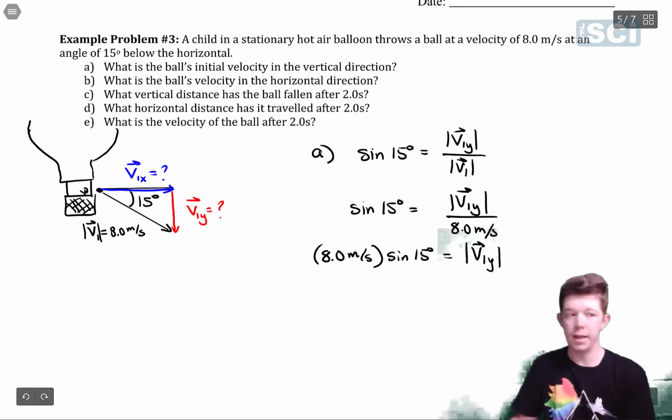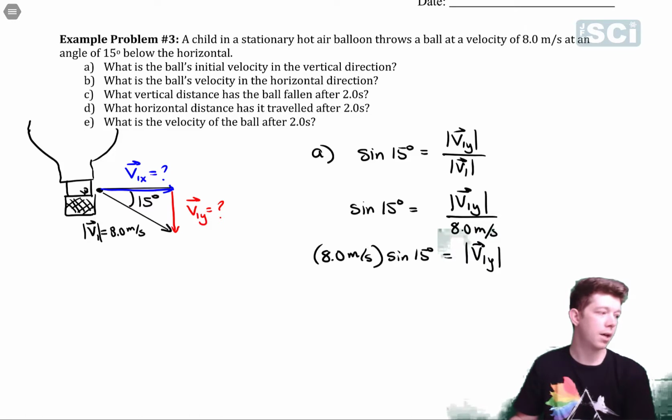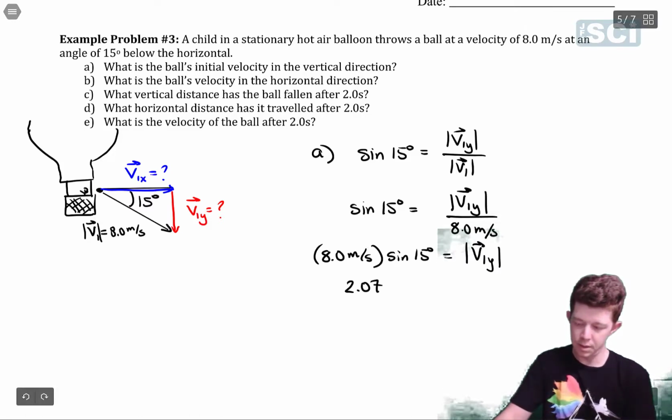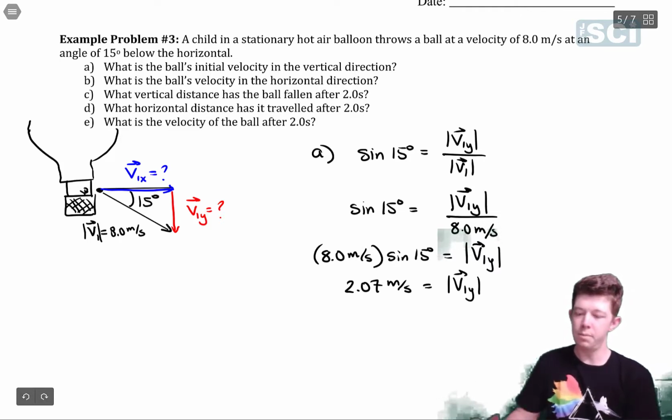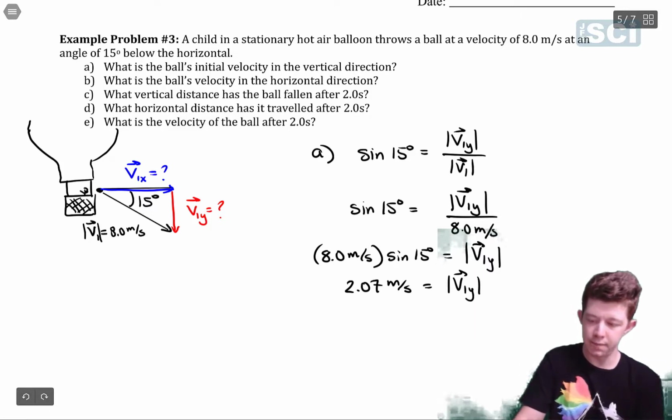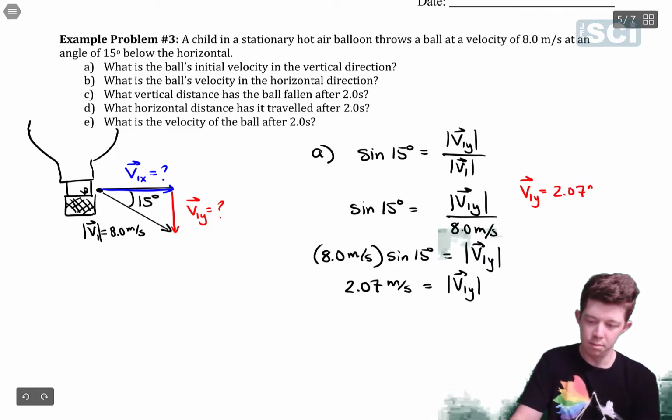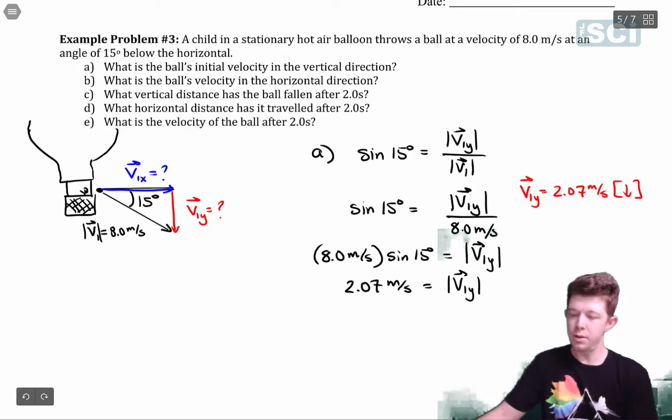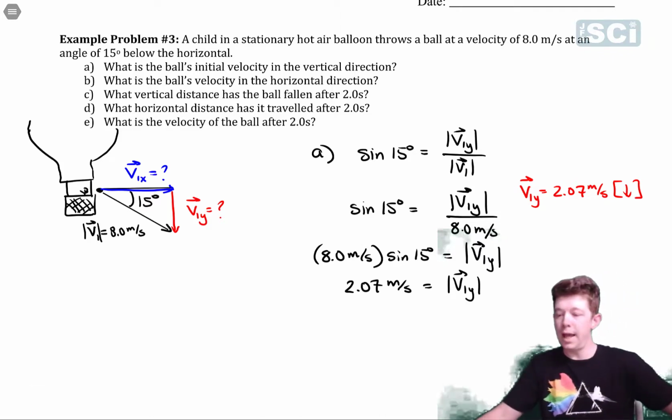If I multiply that through, I get an answer of 2.07 meters per second as the speed in the y direction. I can say that as a vector: v1y is going to be 2.07 meters per second, and we'll say it's downwards. Okay, so that is the example for part A.